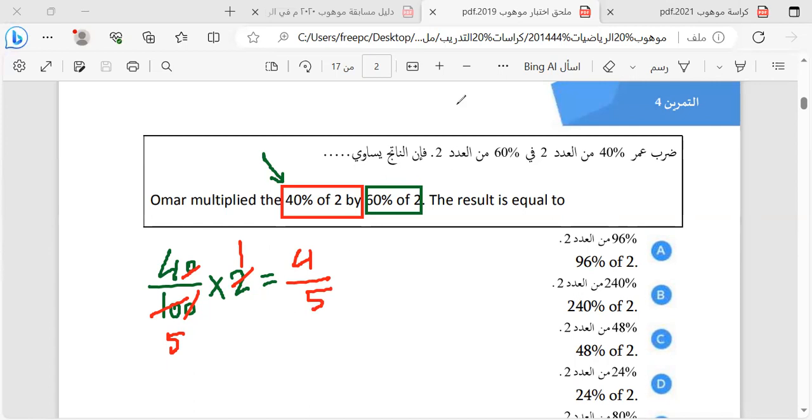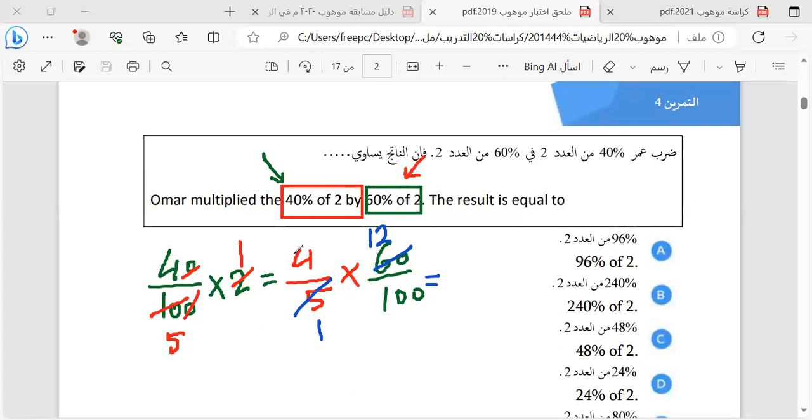The second one, in box number 2, the green box here, said multiply by what? 60 over 100. We can simplify. Divided by 5 is 1, divided by 5 is 12.